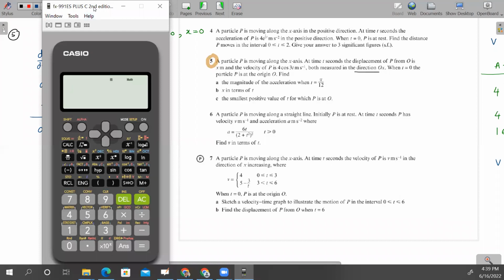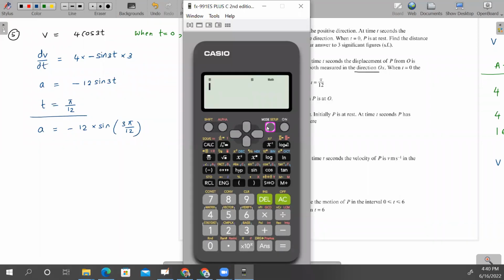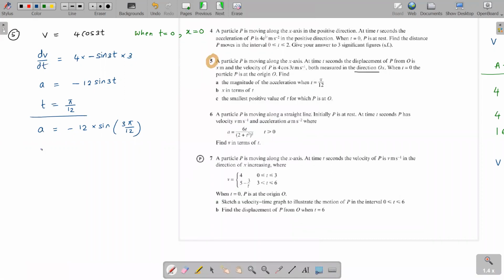Make sure the calculator is in radian mode. Minus 12 into sine 3 pi over 12. So it's minus 6 root 2. Do you agree with my answer? Acceleration is minus 6 root 2.